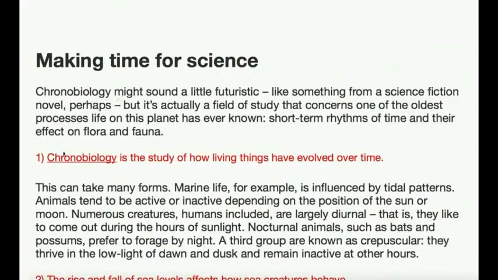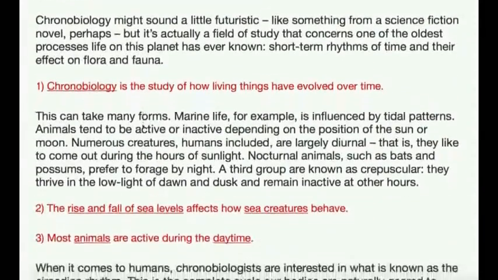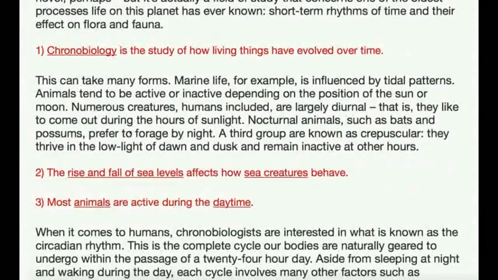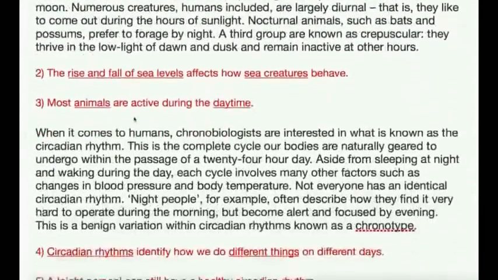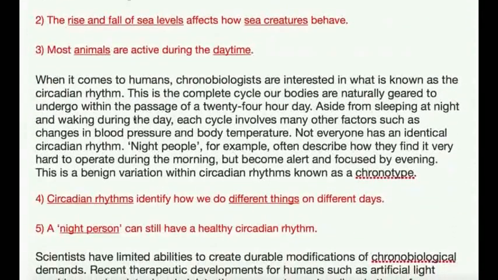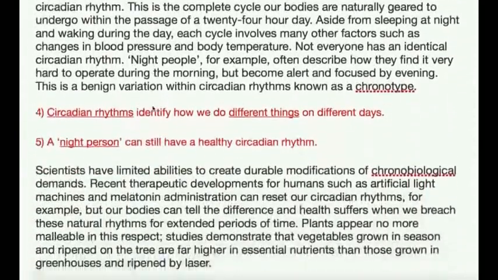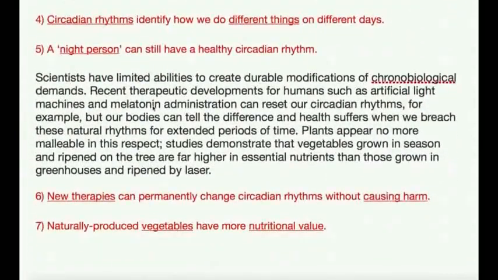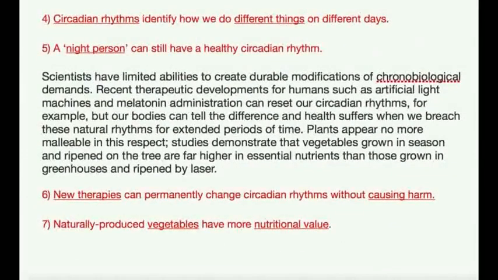So in this case, you've got statement 1 refers to the first body paragraph. Statement 2 and 3 are in the second body paragraph. Statements 4 and 5 are in the third body paragraph. And statements 6 and 7 are in the fourth body paragraph. So what this means is that you can actually ignore the paragraphs after this for the purposes of answering these IELTS reading true, false, not given questions.